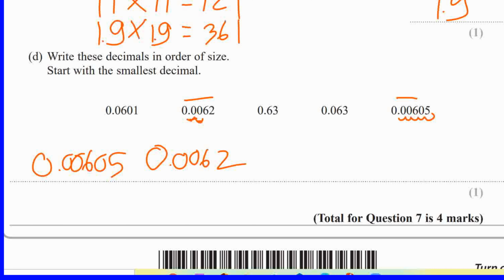Now we go to 0.06, which one comes first? After 6 is 0, after 6 is 3, so this one must come first.